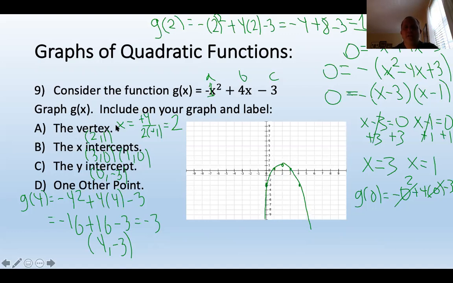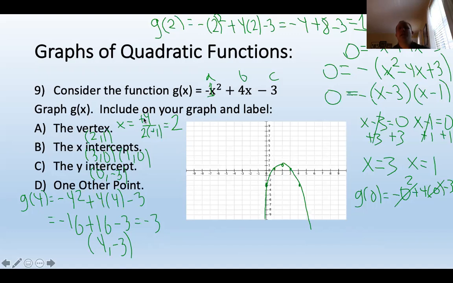And to find the vertex, we would use negative b over 2a to find the x-coordinate of the vertex. a is negative 1, b is 4, and c is negative 3. So this ends up being x equals negative 4, which is negative b, and then 2 times negative 1 is 2a.